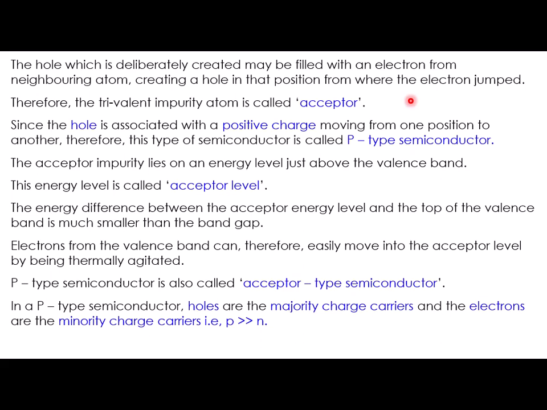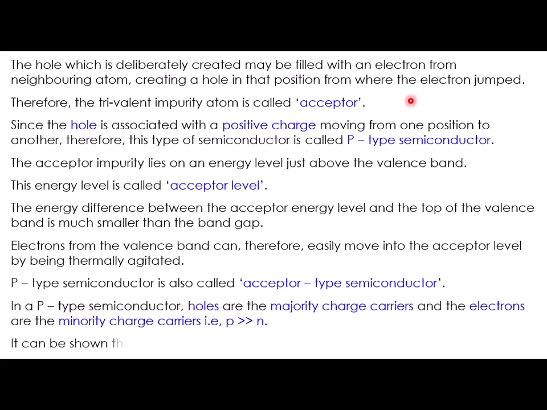Since the number of holes is more here, they are called majority charge carriers. In a p-type semiconductor, holes are majority charge carriers, whereas electrons are minority charge carriers. And the number of holes is very much greater than the number of electrons.